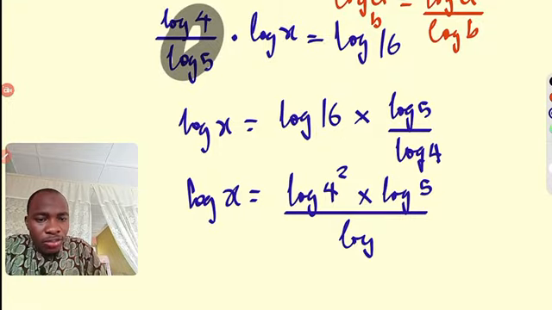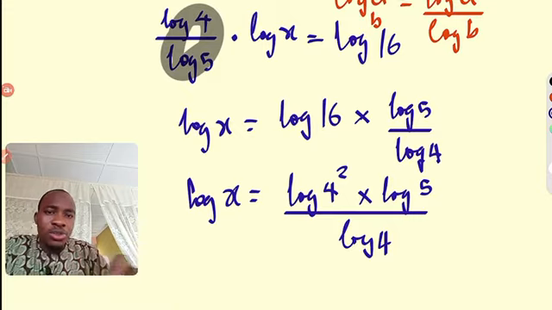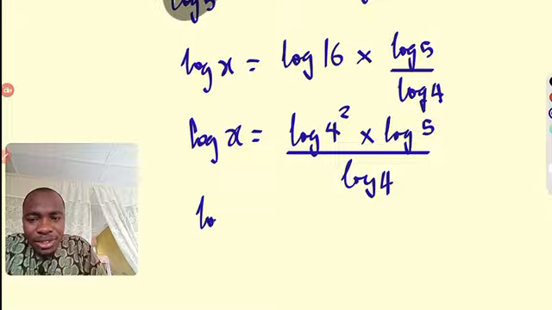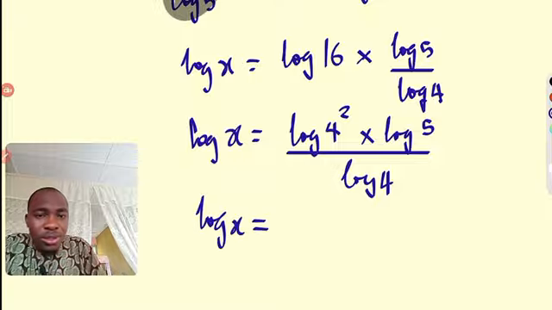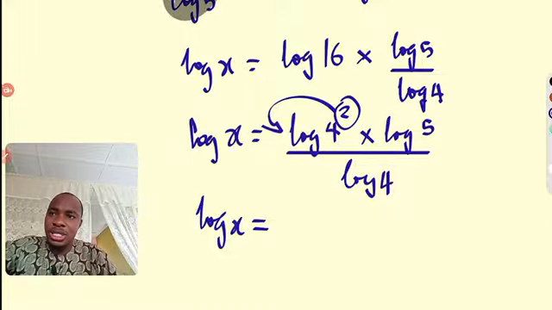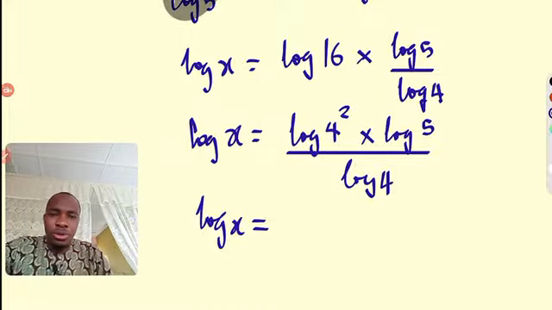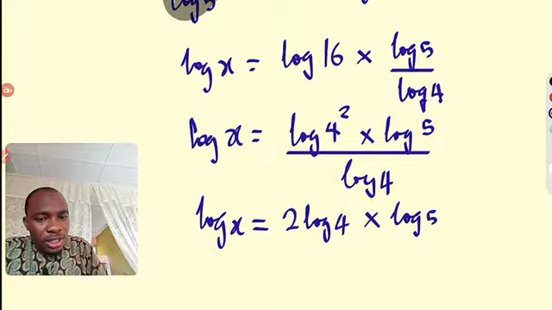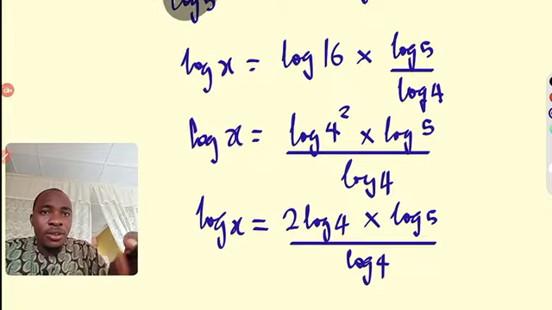Now these two here, we have to multiply, we bring the 2 down. So we're going to have 2 log 4 multiplied by log 5, then divided by log 4. Are you following?